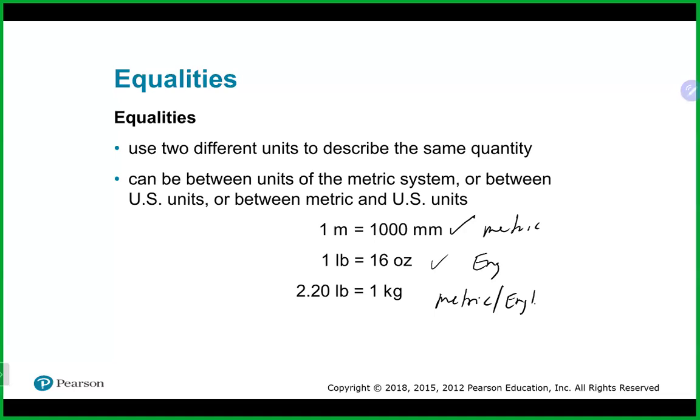Typically, if you come across a metric to English conversion, oftentimes one part of that equality is a 1. That is the number you shouldn't look at. You should look at the other one that looks more like a real number. In this case, if we had to count significant figures, this one would have 3 significant figures.